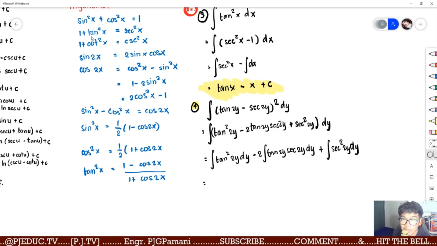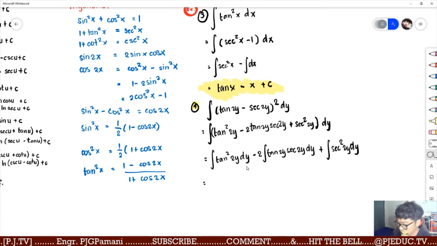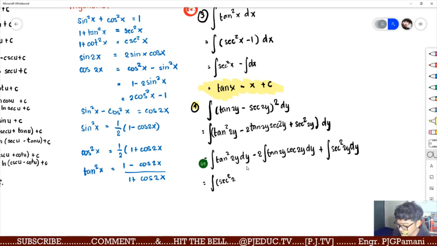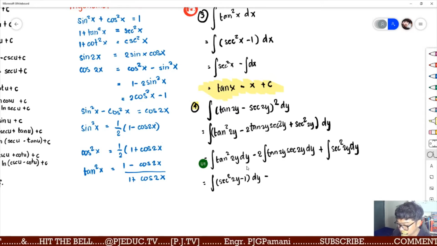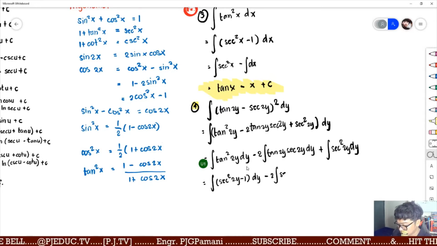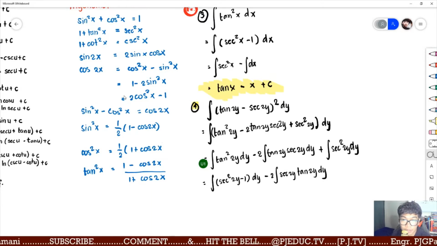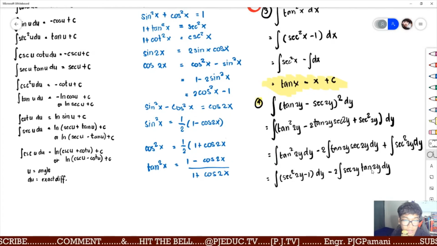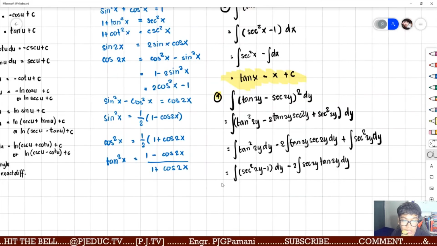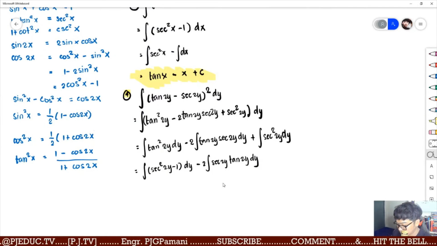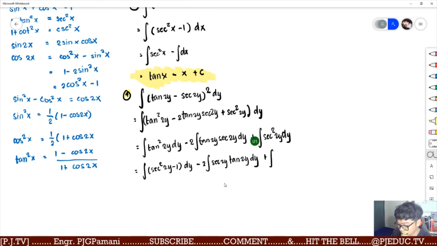We have tangent squared 2y, which we can also express as secant squared 2y minus 1 dy, minus 2 secant 2y tangent 2y dy, based on our trigonometric functions. That form already has a known integral, so we will not touch it. And secant squared 2y also has an integral.